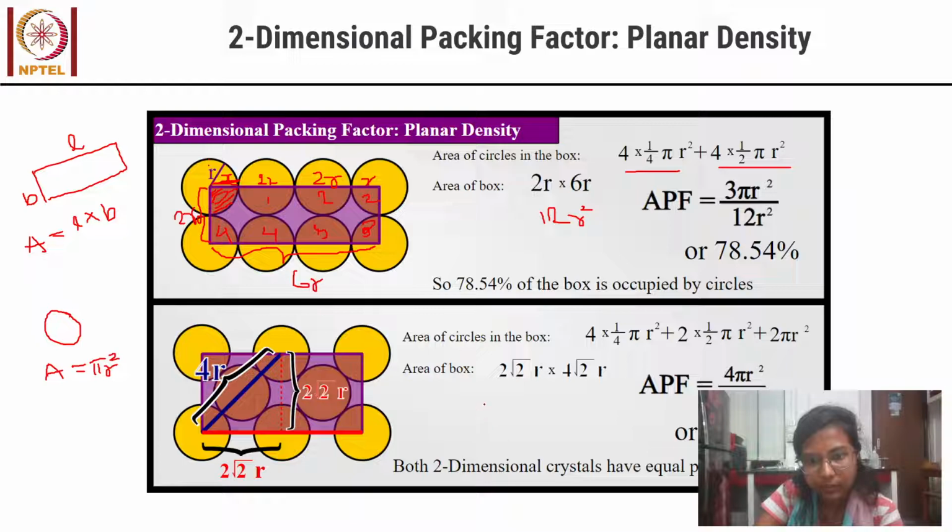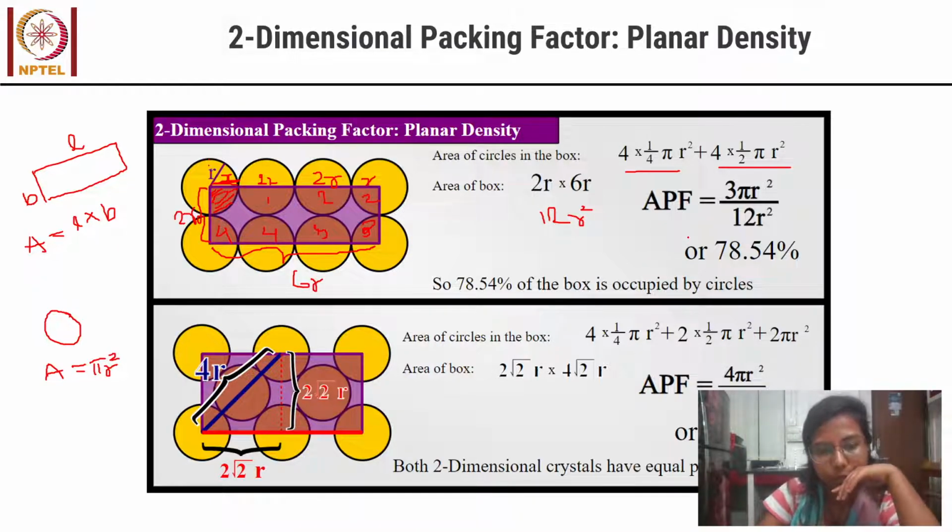Then we find out the area of the circles in the box from here, and also the area of this box. And similarly we find out the atomic packing fraction, which also comes out to be the same percentage as before.